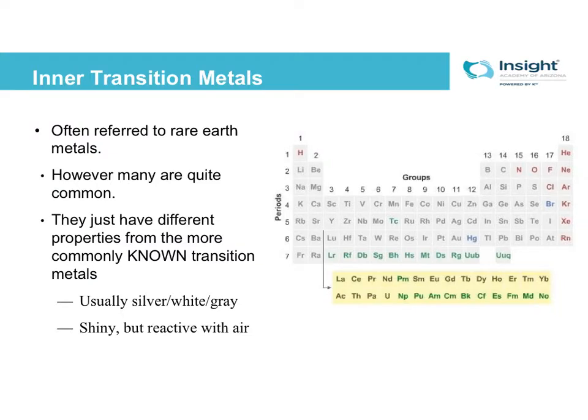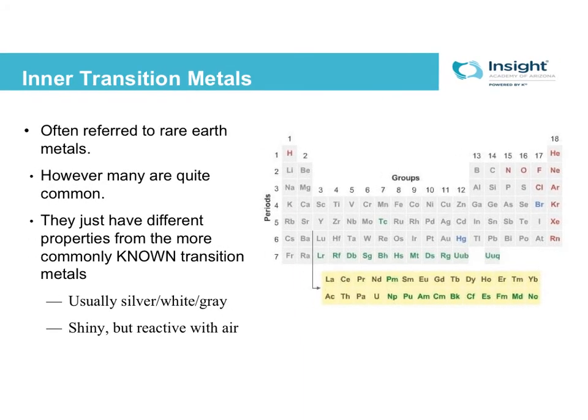So your inner transition metals, sometimes referred to as your rare earth metals, are those elements that are actually pulled out of the periodic table and thrown at the bottom. In all reality, they belong right here in the periodic table.